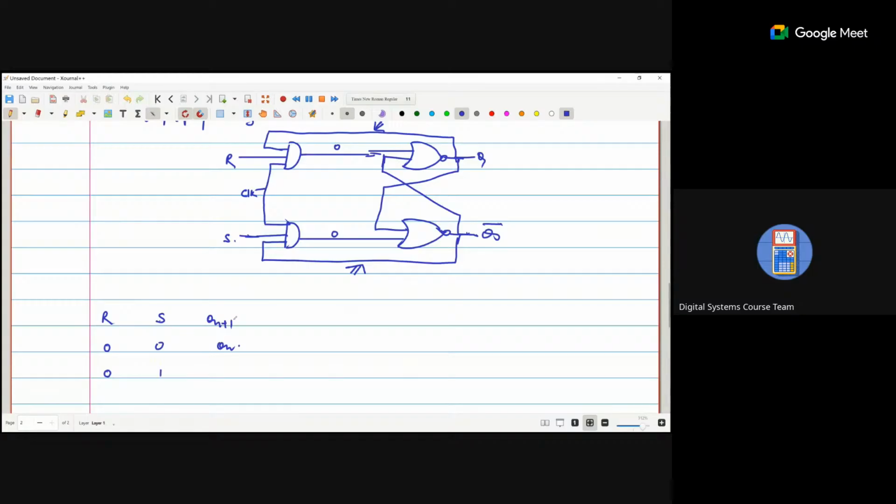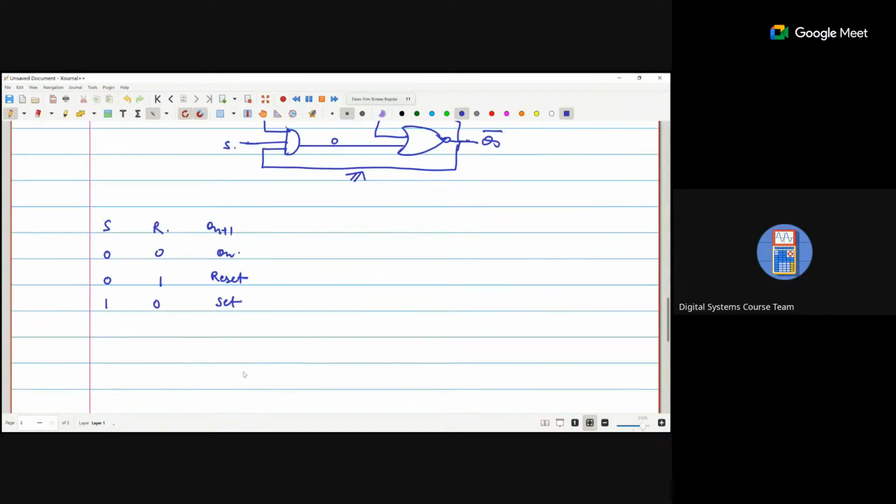If it is 0, 1, it is the reset. If it is 1, 0, it is set.